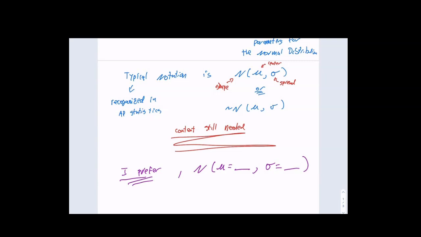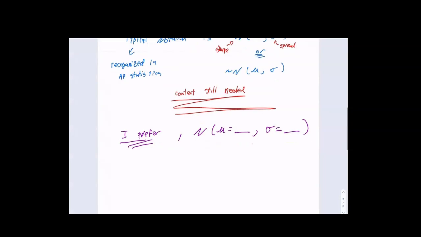We recognize it as calculator talk, and therefore you never stated the mean and standard deviation. It is appropriate just to state the two values, i.e. normal 5, 10. I would write this as normal, mu equals 5, the mean equals 5, and the standard deviation equals 10.